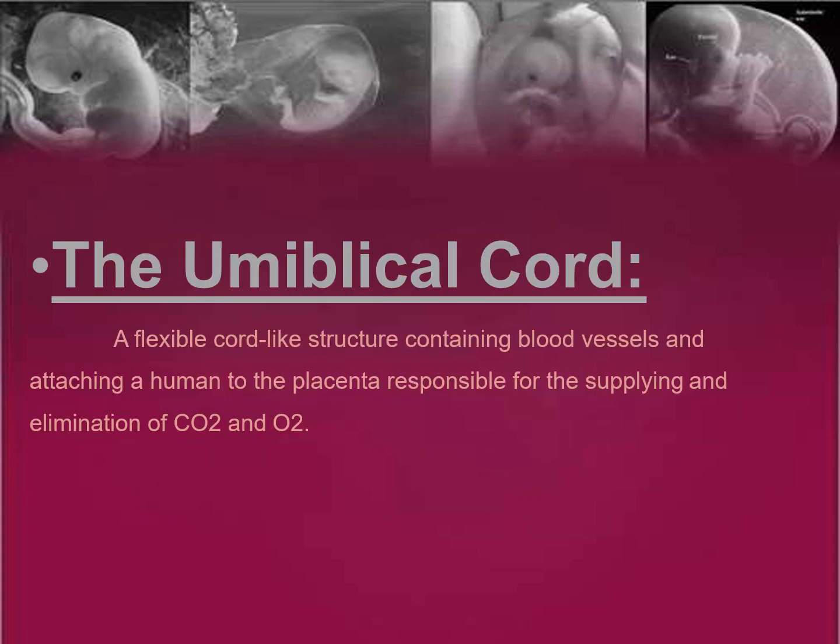The umbilical cord is the connection between the fetus and the maternal side, and it has two arteries and one vein. It helps in the elimination of carbon dioxide, gives oxygenated blood to the baby, and at the same time supplies needed nutrients and vitamins to the baby.